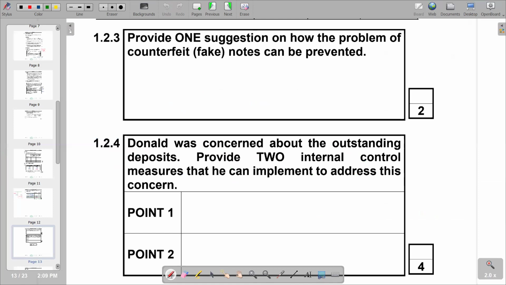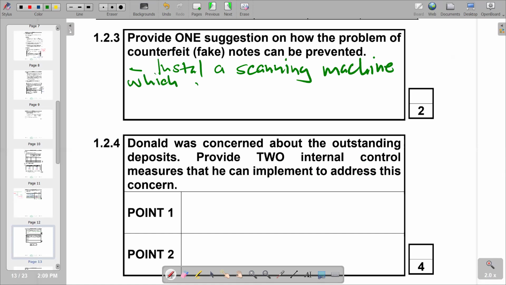Obviously, we have to install a scanning machine which quickly detects that this is a fake note. So this is the point that you can put.